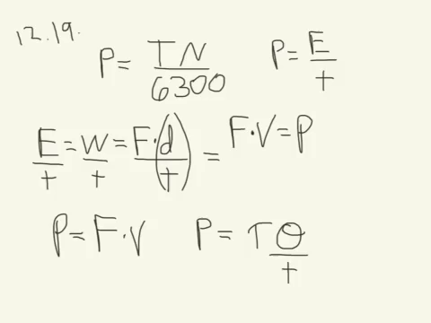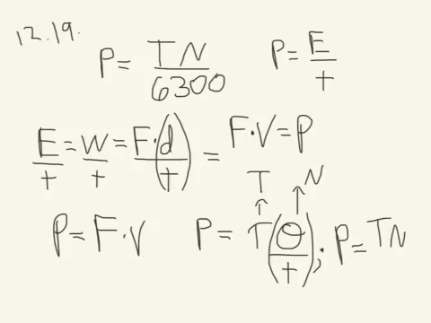So this theta is an angle in radians per time. And this radians per time, your book gives it the variable n. And torque, which was tau in physics, in this book is now just big T. So I think I've now shown why power is T times N.